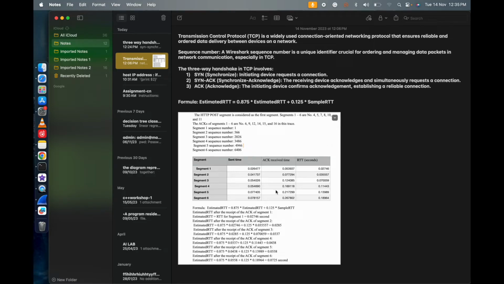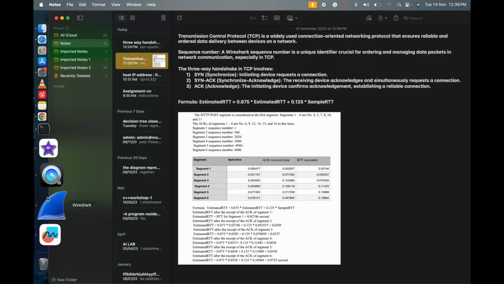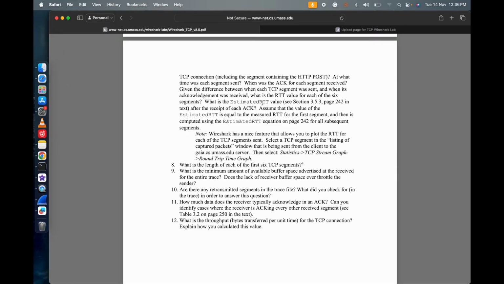Once you have this table, calculate with the formula, and so on. You'll get 0.0276, and the next is 0.0285. Continue until the first six segments. In this way you get the estimated round trip time.